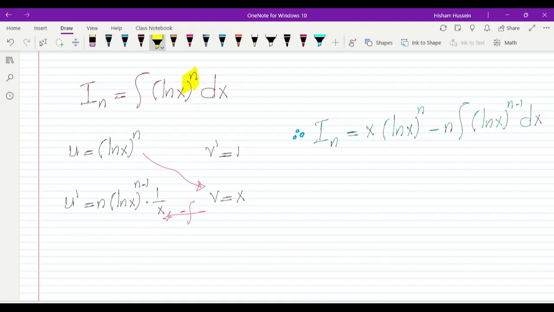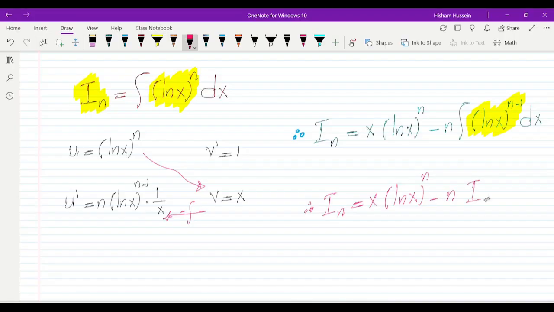Integration of (ln x)^n, it was I_n. So the integral of (ln x)^(n-1) will be I_(n-1). So I_n will be x times (ln x)^n minus n I_(n-1).